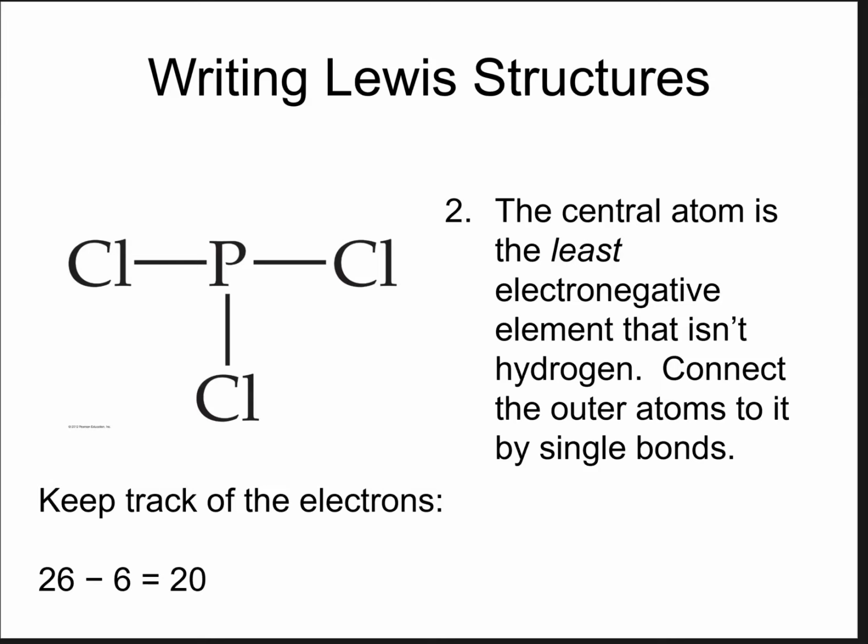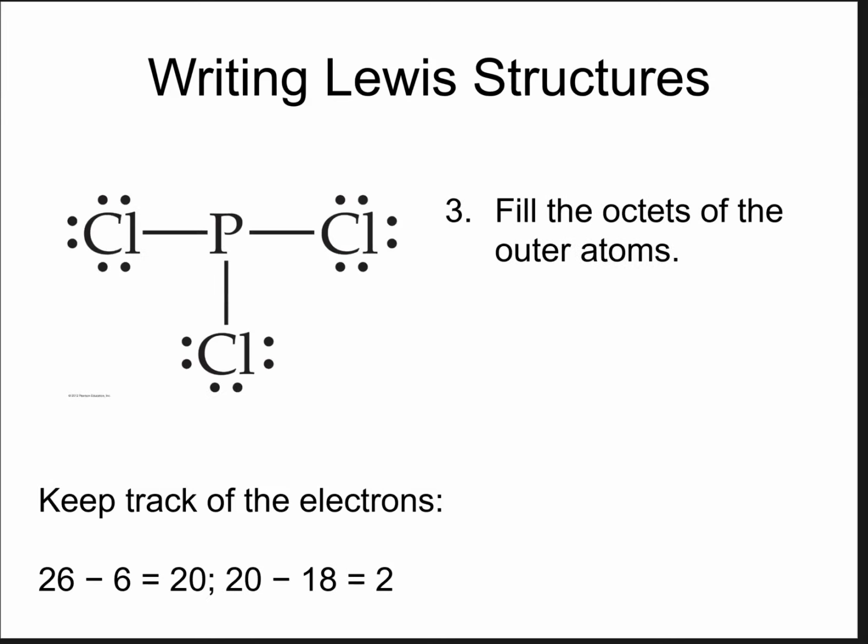When we start assigning the remaining electrons, the most electronegative elements get their electrons first. That is, chlorine is going to pick up its electrons. So we place our lone pairs surrounding the chlorine atoms before we start putting them on the phosphorus. Now, the first thing we need to remember is that only 8 electrons are desired by each atom. And since the chlorines have 2 electrons already in the form of the bond, each chlorine is going to get 6 additional electrons for our grand total of 8.